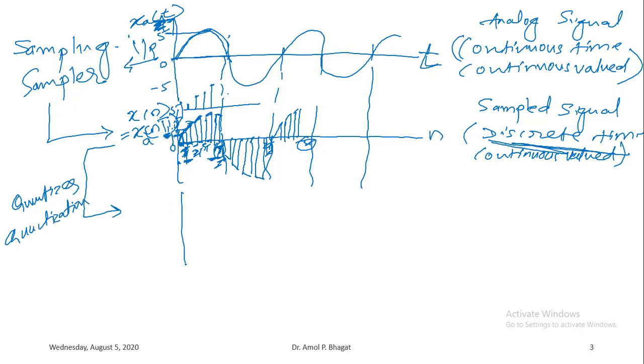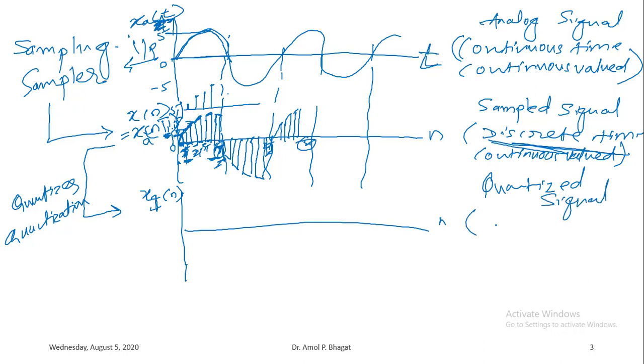So how will this output be represented? This quantized signal is denoted by SQ of n. The output of the quantizer is nothing but the quantized signal, which is discrete in time as well as discrete in value.